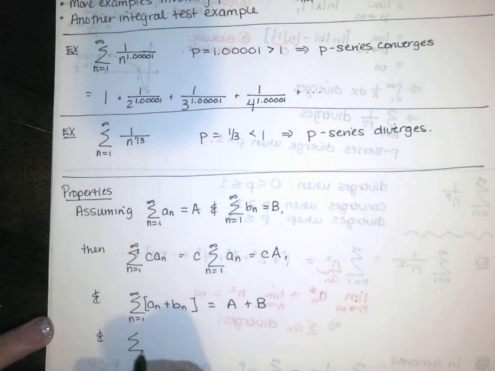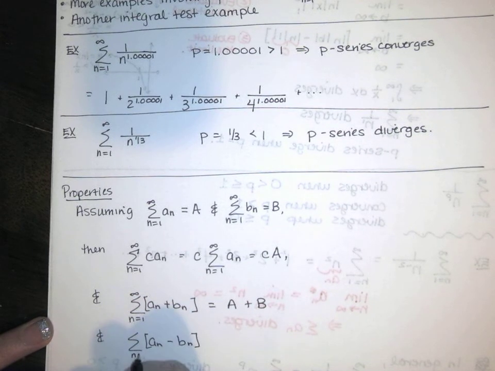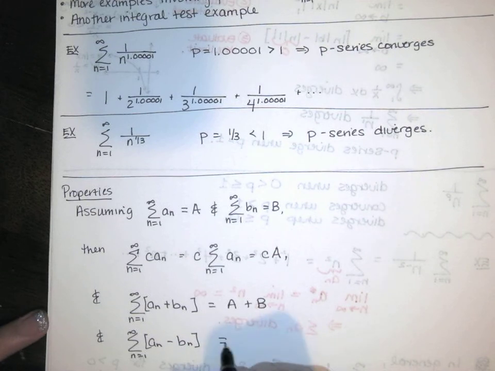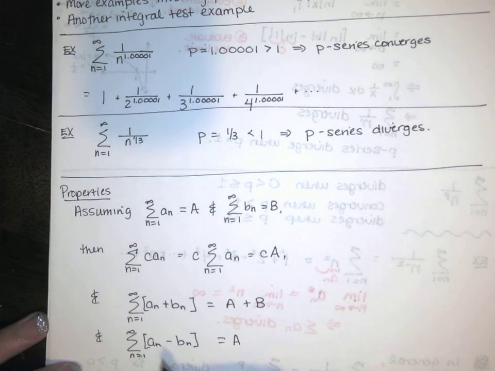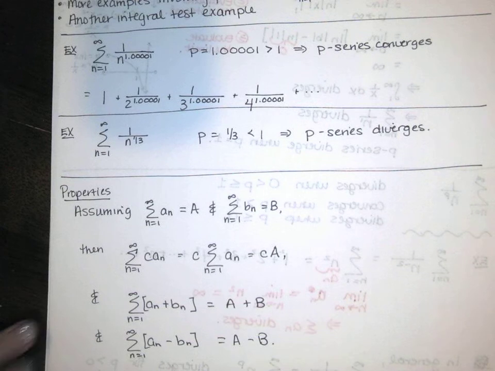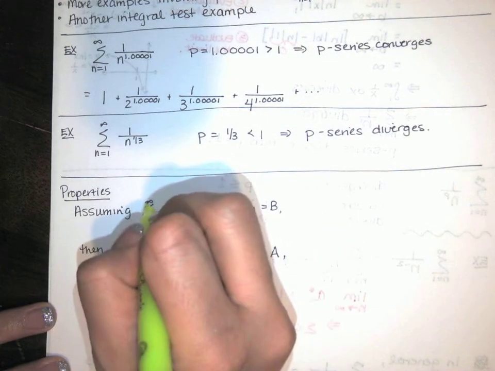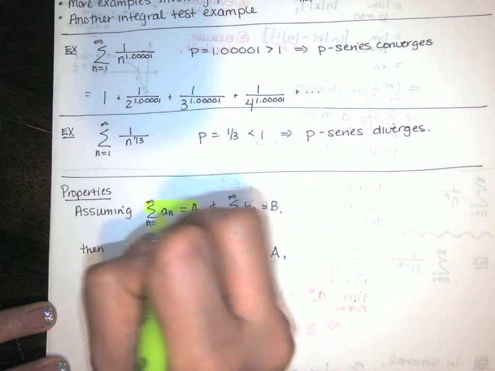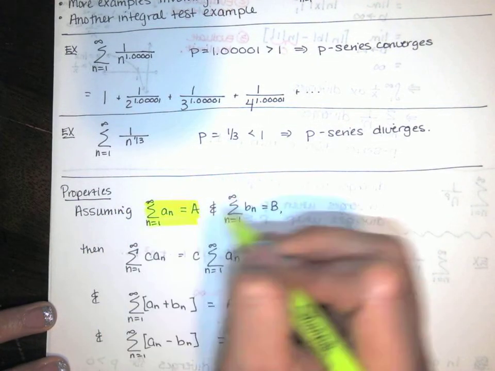And if we're subtracting them, I bet you can guess what the conclusion of this is. If this converges to a and this converges to b, this series converges to a minus b. Okay, now this is a big if. We are assuming these two converge.